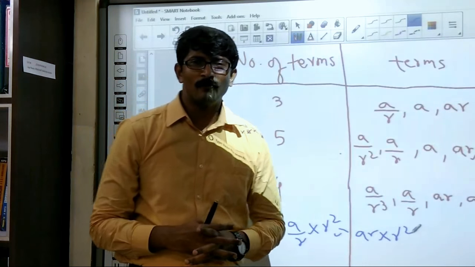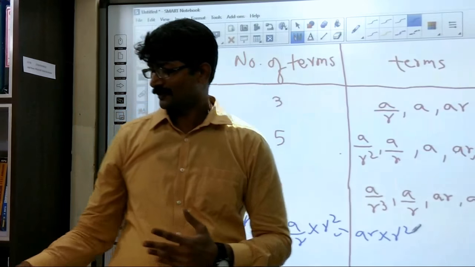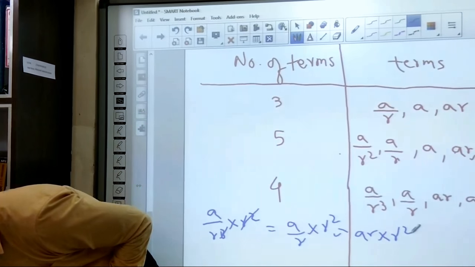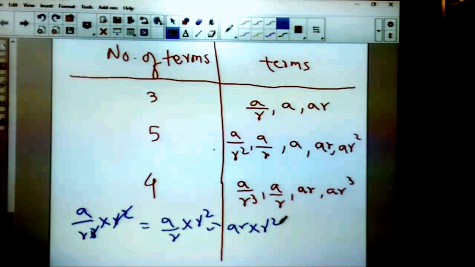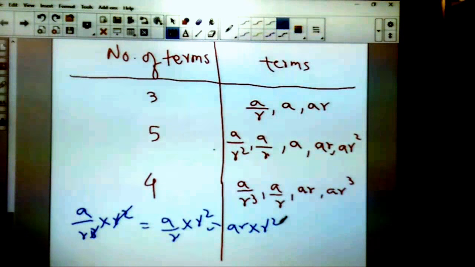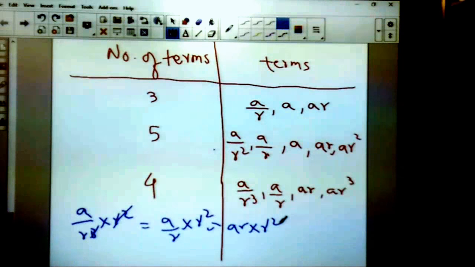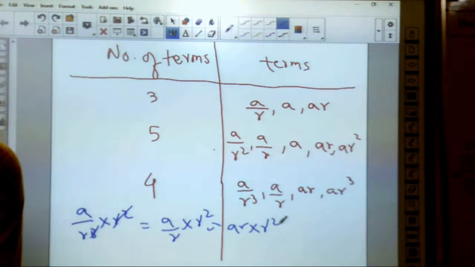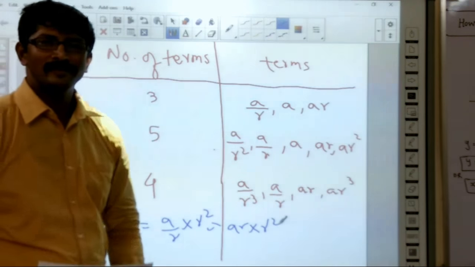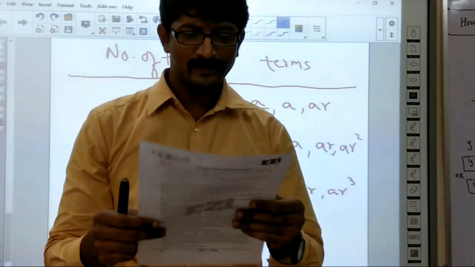Anyway, students, most of you might have difficulties. I could see in the comment box, yes, someone had asked me this as a doubt: sir, why are you explaining this?